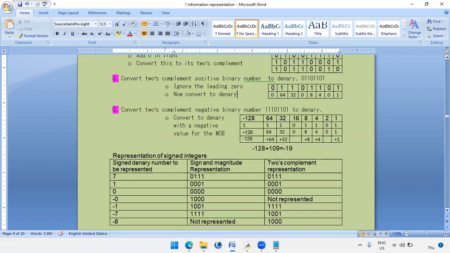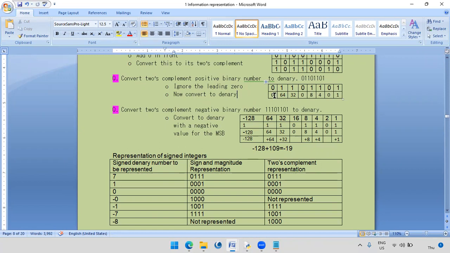Another one. Convert 2's complement positive binary number to denary. Now it's the other way around. The number given here is already converted. It's a 2's complement positive binary number. Convert it to denary. Ignore the leading 0. That is positive.